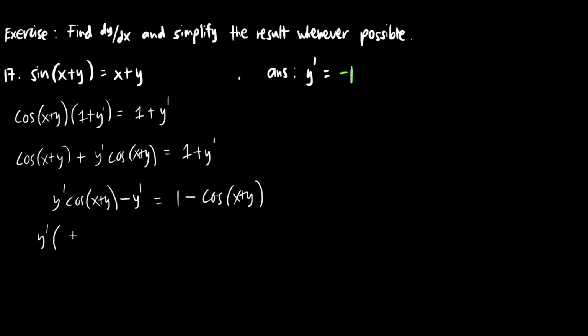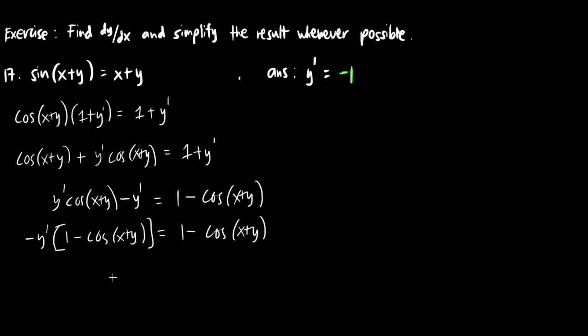So we have negative y prime times the bracket, cosine of x plus y minus 1, which equals 1 minus cosine of x plus y.